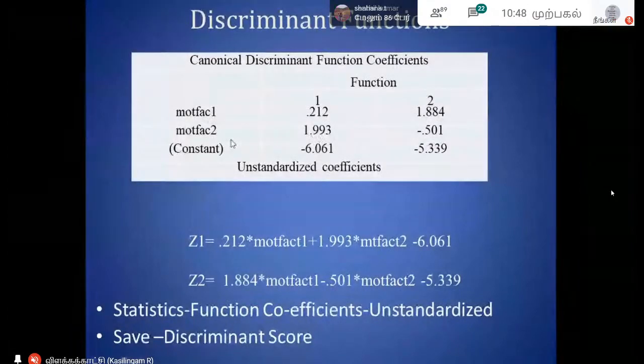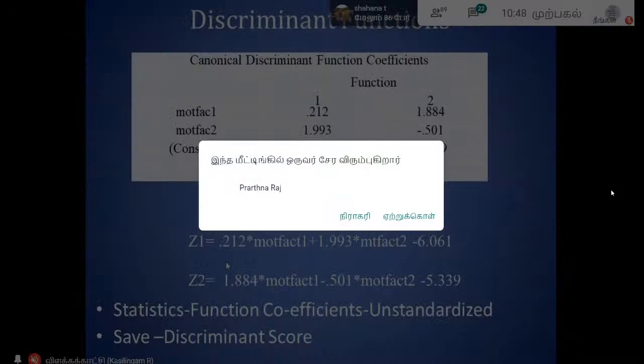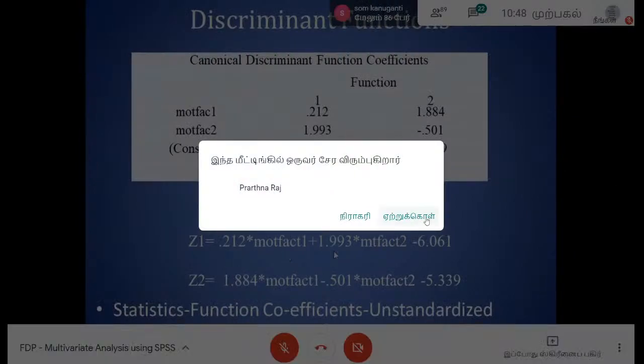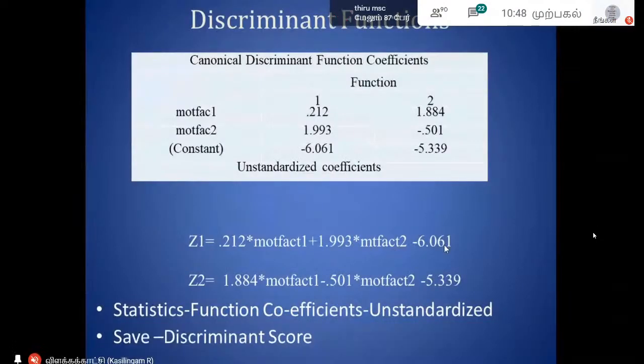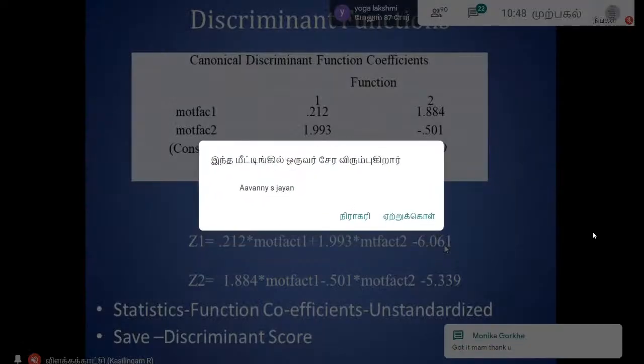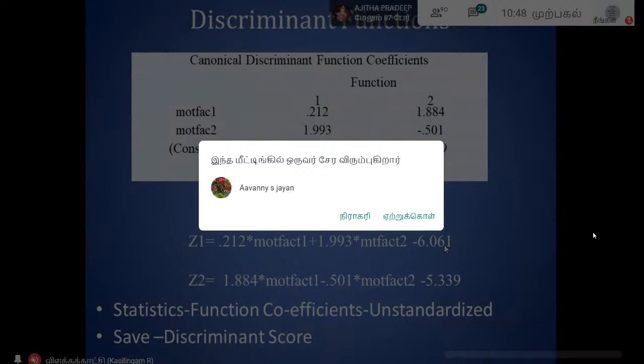So 0.212 into motive factor 1 plus 0.193 into motive factor 2 minus 600. With the help of the unstandardized discriminant function, I can write the equation. So I have 2 equations.